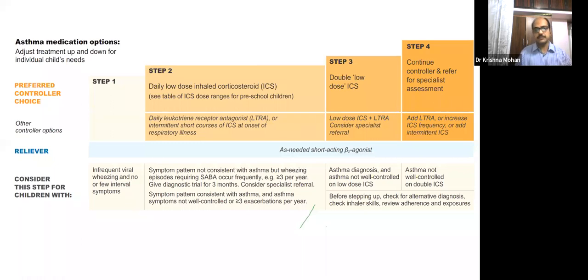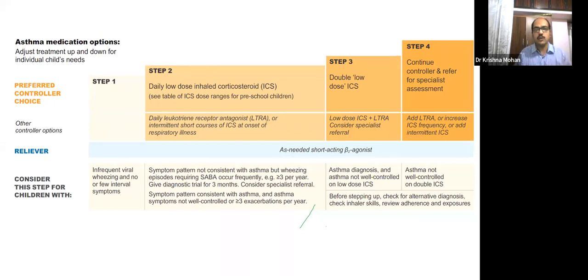That is step 3. And in the less than 5-year age group, we do not have too many other options. So only two options: daily low dose inhaled corticosteroid in step 2, and if the patient is not improving, you double the dose in step 3, the double low dose ICS. So we do not have too many options in this age group.